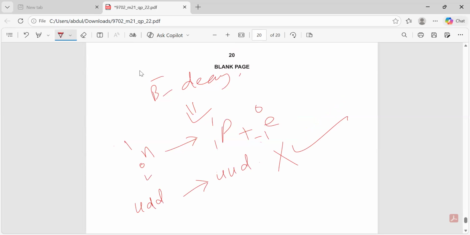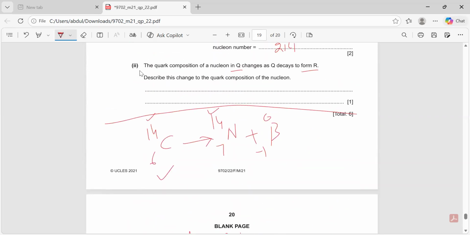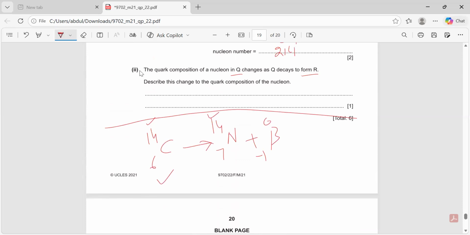They said quark composition, so I will write here the change to the quark composition of the nucleon: one down quark changes to one up quark.